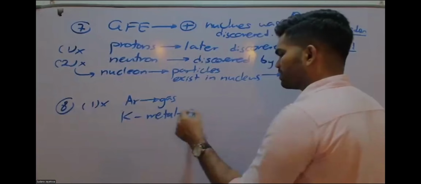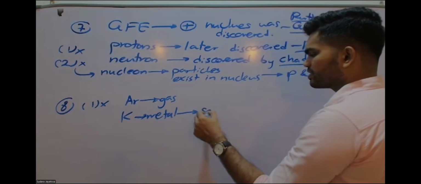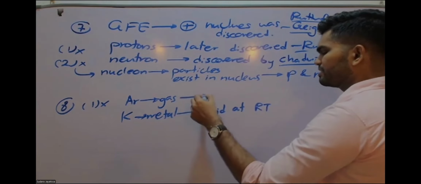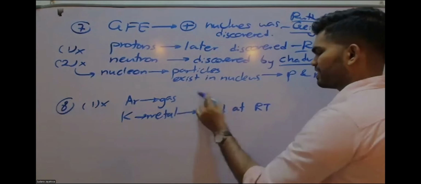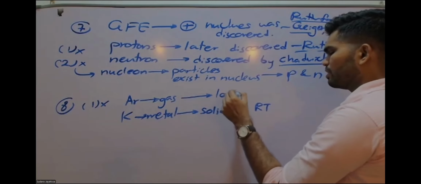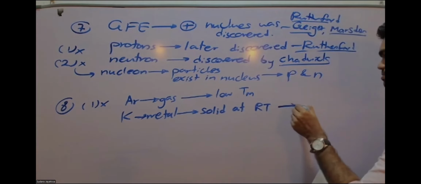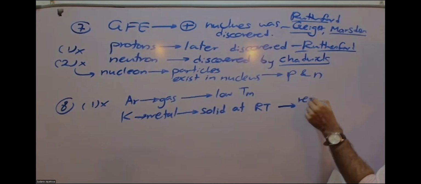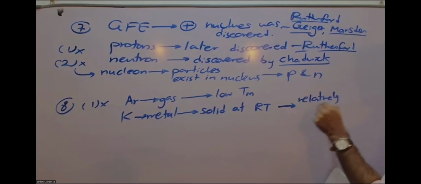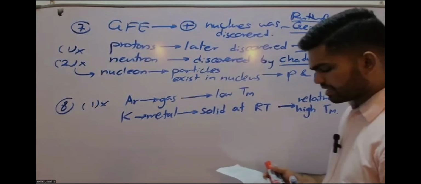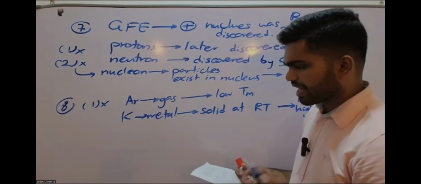So except for one metal, all other metals are solids at room temperature. And argon is a gas, right? So the gases have very low melting points, and metals have relatively higher melting points than gases. You can understand that really well. And see, now the thing is, both atoms have the same mass.